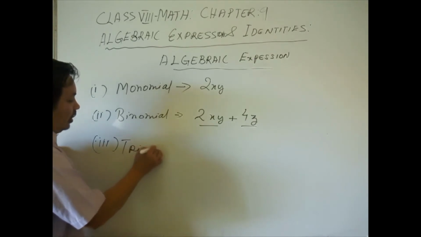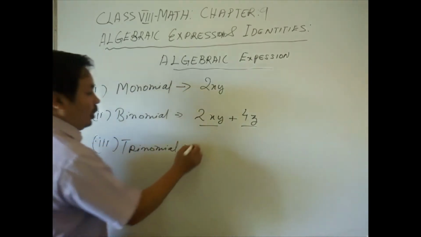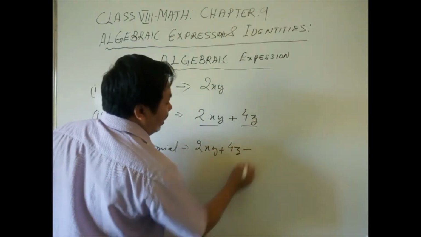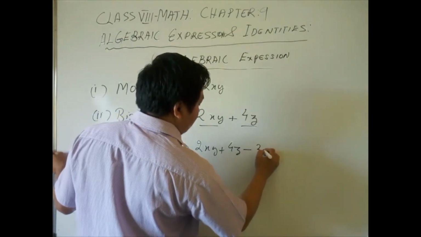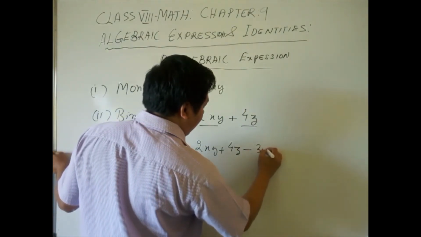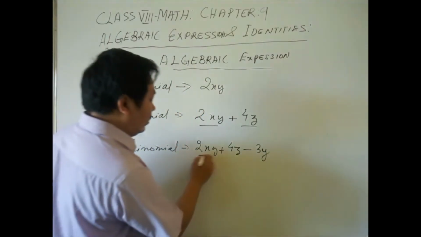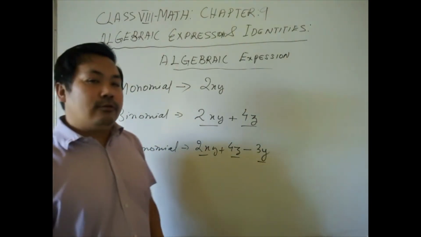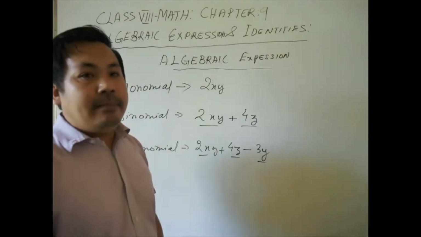What is trinomial? Trinomial is the algebraic expression when you find 2xy plus 4z, and one more, let us say 3y. So 1, 2, 3 terms are there, and if the expression consists of 3 terms, then it is called a trinomial. Tri means three.